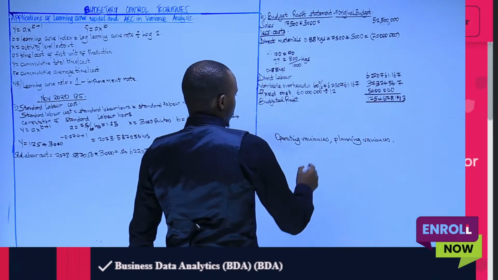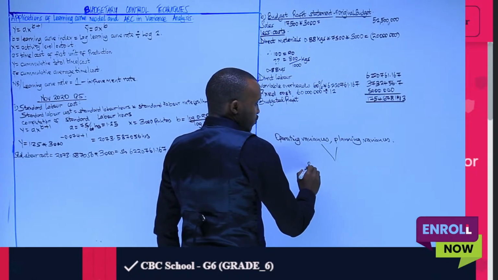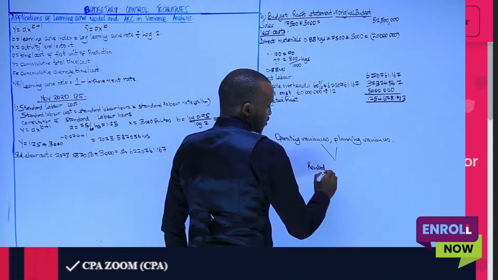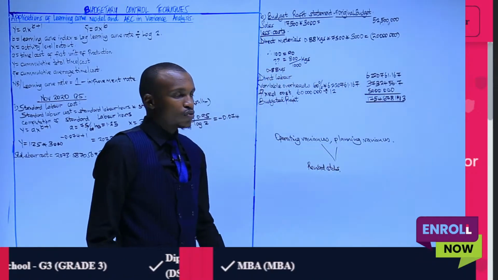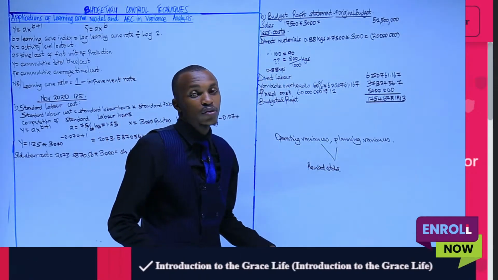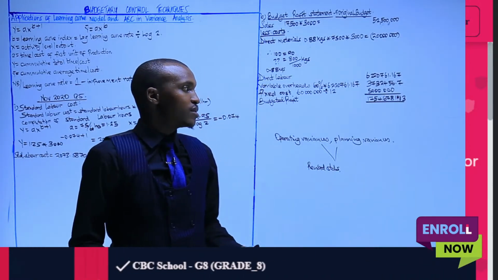Alright, those 2 things. But for these 2 to exist, you must have what we refer to as revised standards. You must have revised standards for those two to be there, but we're going to talk about them in the next lesson.